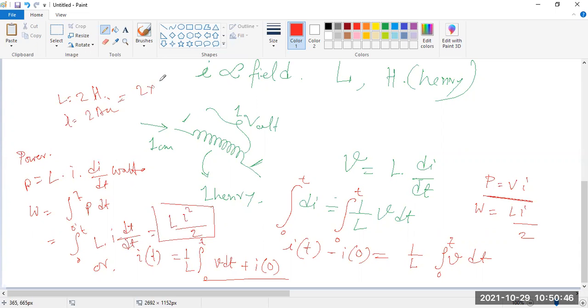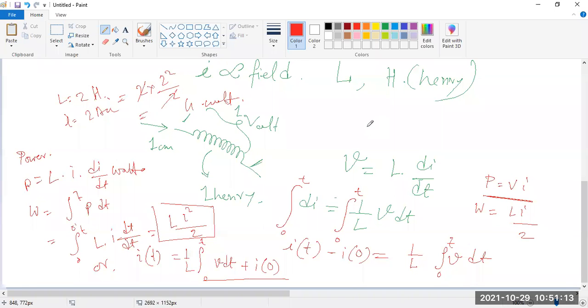This is 2, 2 square by 2 means this is 4. Okay, 4 joules will be stored. So in this way we can find out the stored energy in the inductance, and the storage factor is called quality factor. It will be studied in your measurement classes.